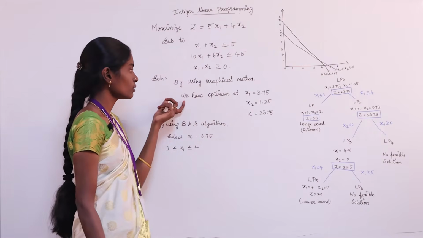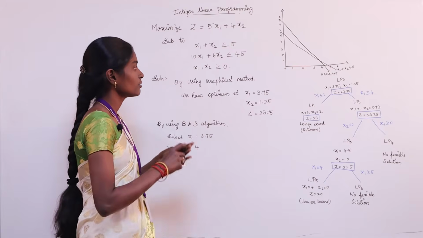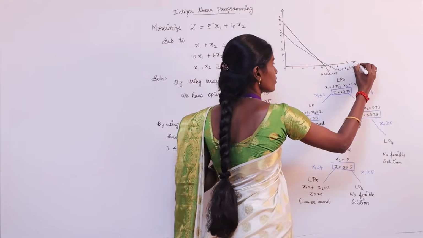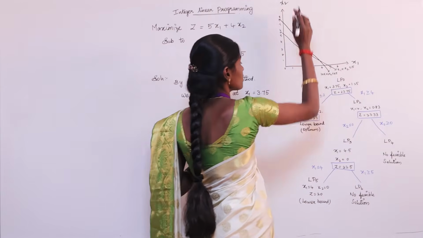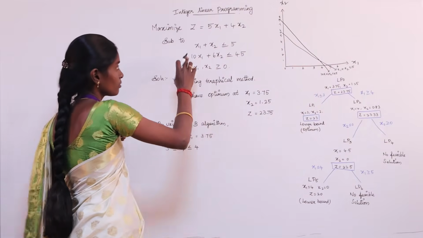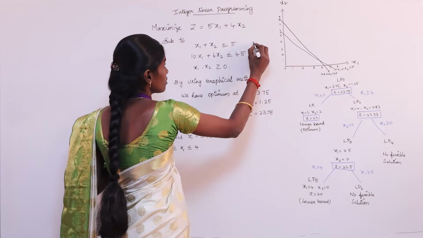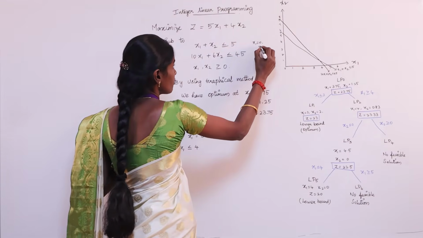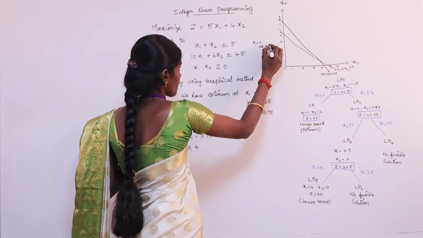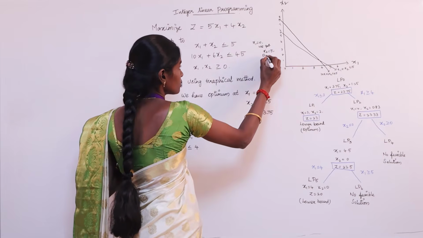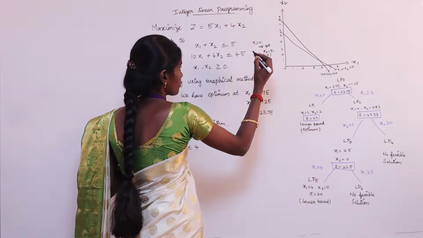For this, we are using the graphical method. In the graphical method, we are finding the feasible region. For the first constraint, we put x1 equal to 0. We get x2 equal to 5. That is 0, 5 as the first point.